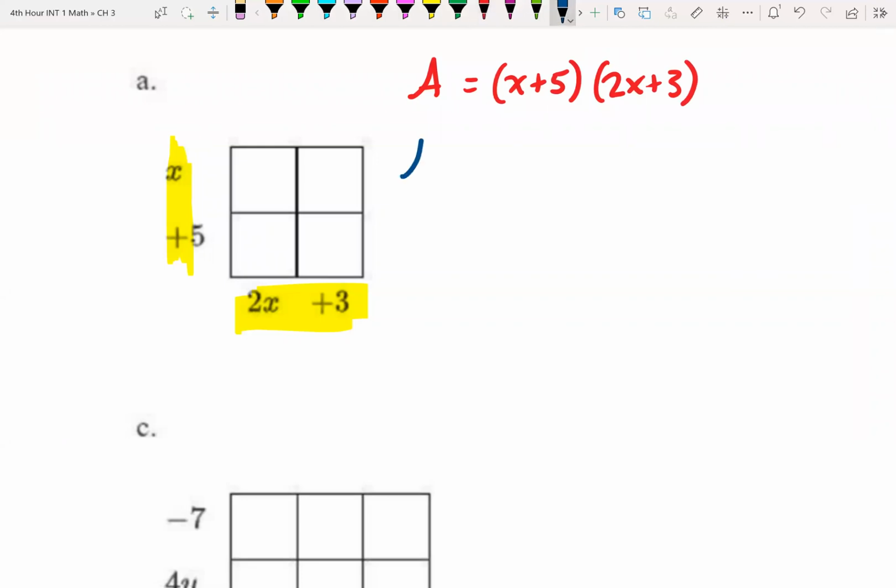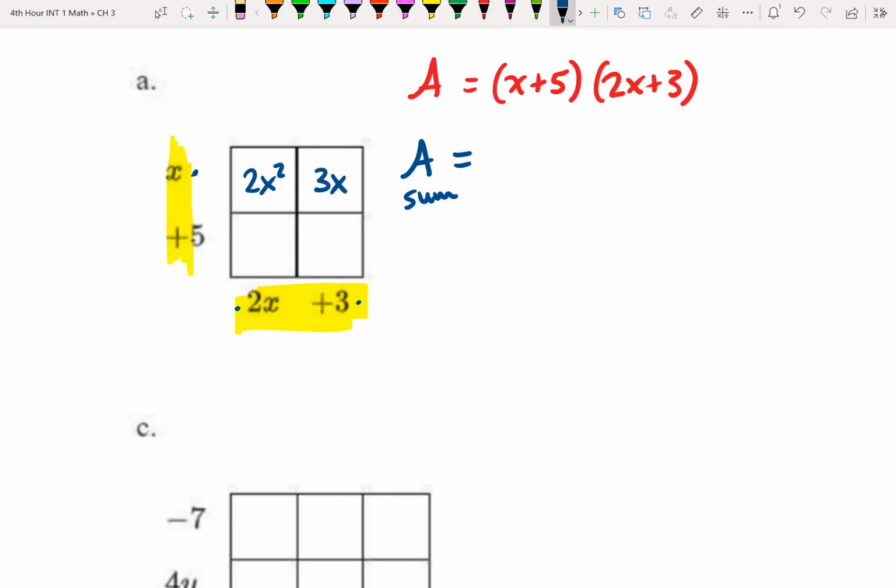But the area as a sum is adding up the pieces on the inside. So here we go. Just like a multiplication grid, we're going to multiply this by this to figure out what goes inside there. So x times 2x is 2x squared. X times 3 is 3x.